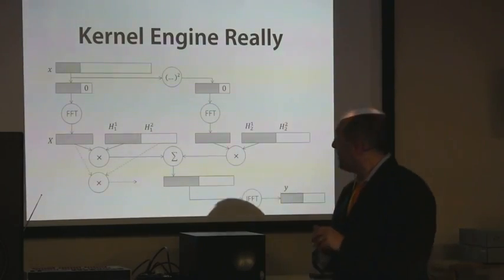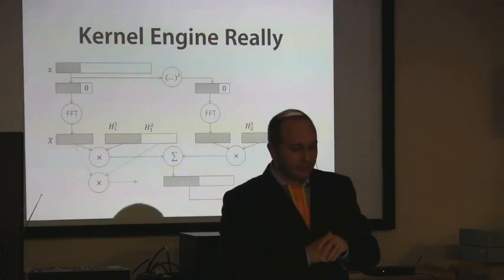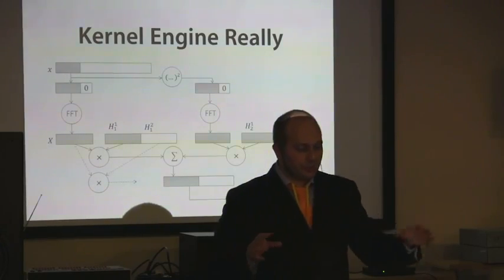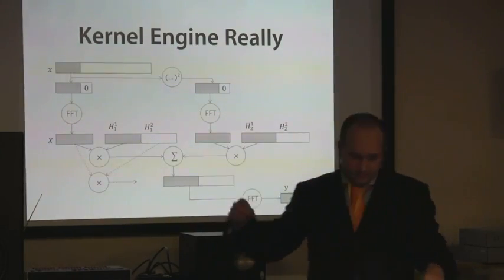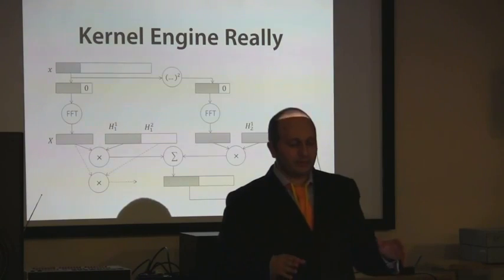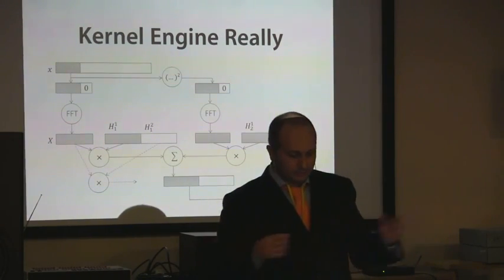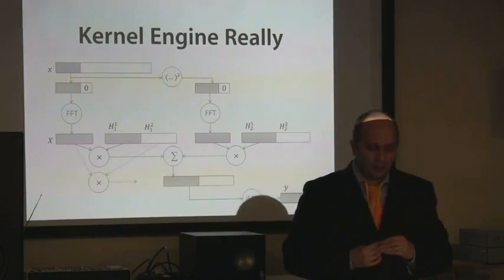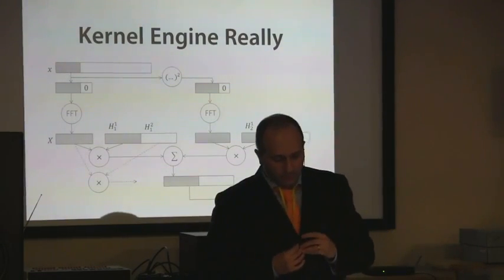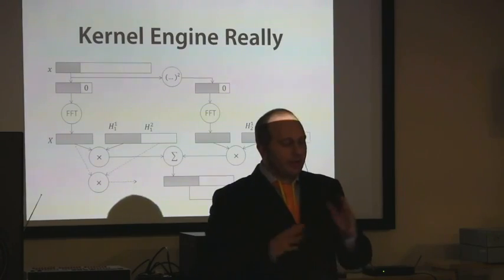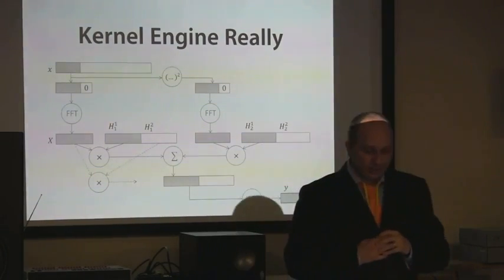I can describe it really in an easy way. You have your input, which is x, okay. Then you take a partition, you make a zero padding in order to make correctly your fast Fourier transform. Okay. Now you have your big X, which is your X in frequency domain.